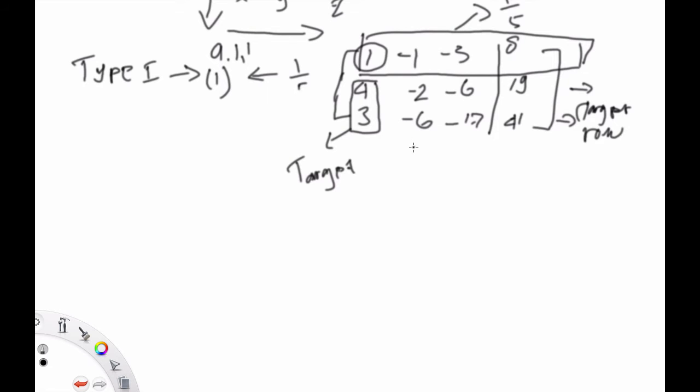We always use the type 2 row operation. What does the type 2 operation say? It says you look at the target row.